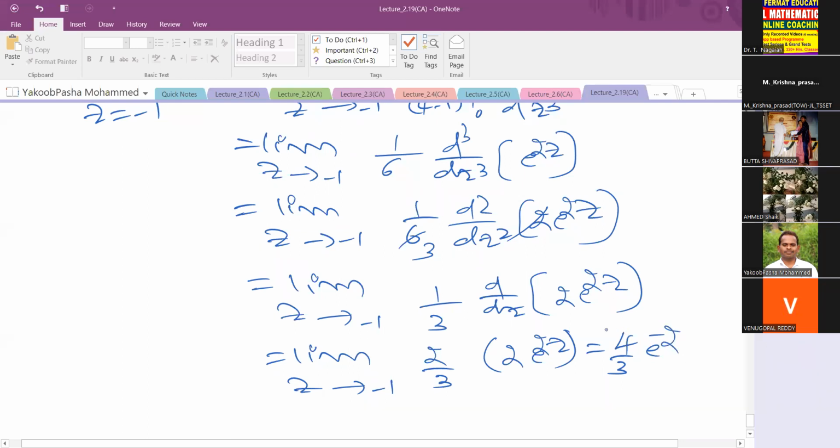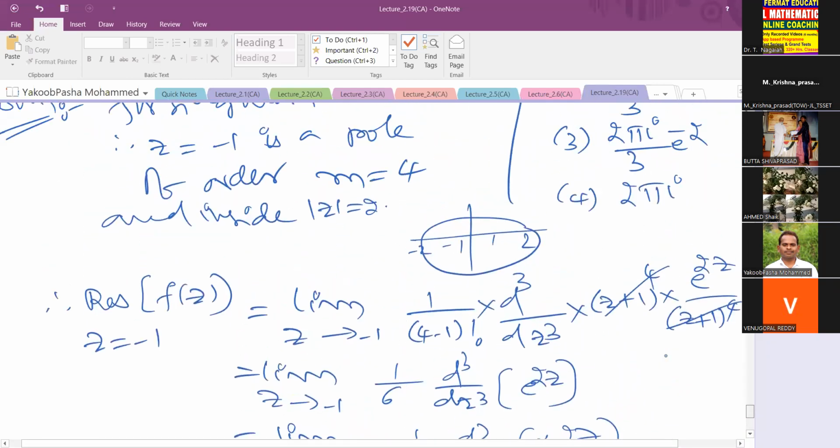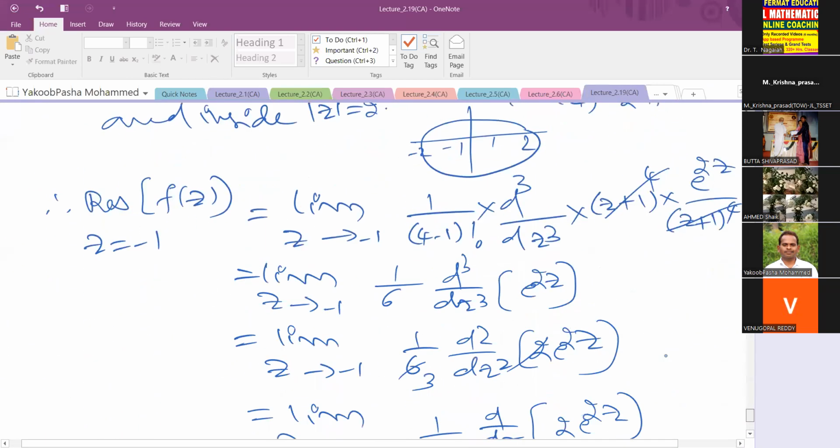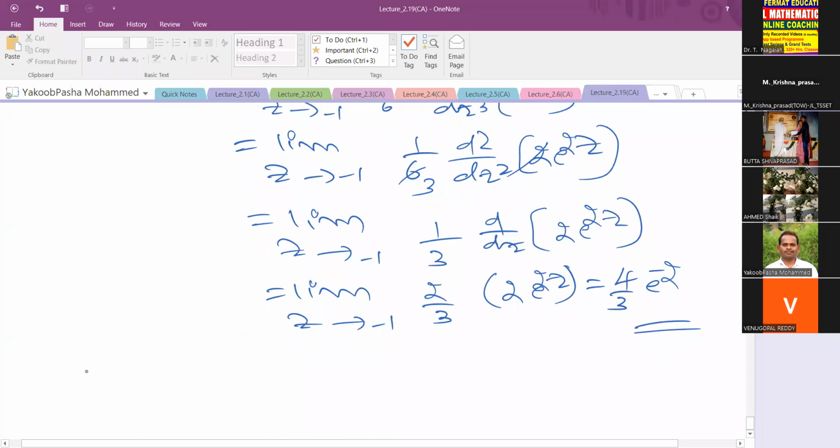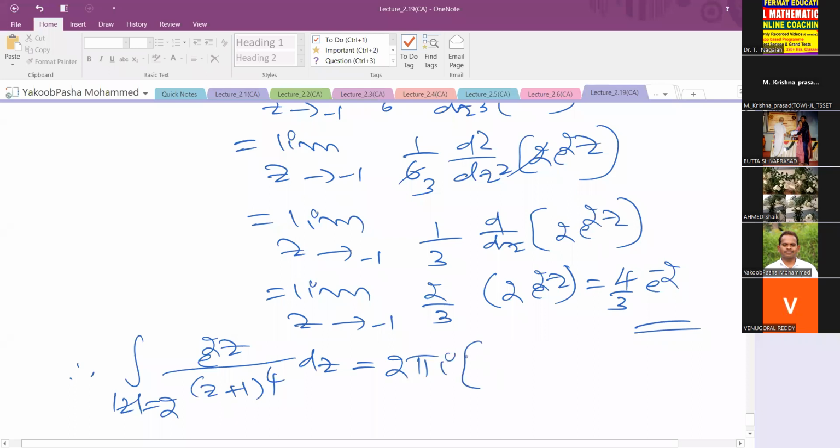Okay. So this is the residue value only, but we have to calculate the integral value. Therefore, the integral over modulus of z is equal to 2 of e to the power of 2z divided by z plus 1 whole to the power of 4 dz is equal to 2 pi i into residue of the function, 4 by 3 e to the power of minus 2. That is 8 pi i by 3 e to the power of minus 2.